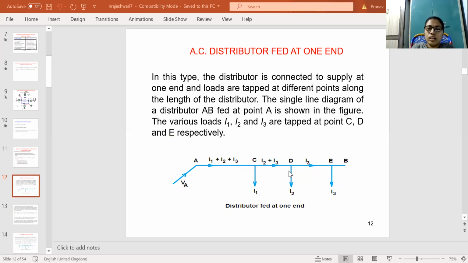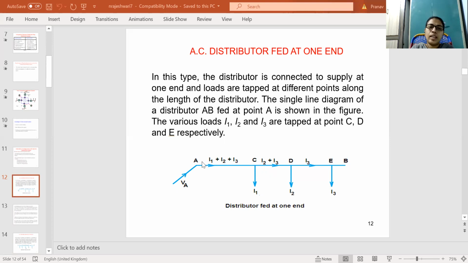I1, I2, I3 are the different loads applied at different tappings. The single line diagram of distributor AB is fed at point A as shown in this figure, and the various loads I1, I2, and I3 are tapped at points C, D, and E respectively.